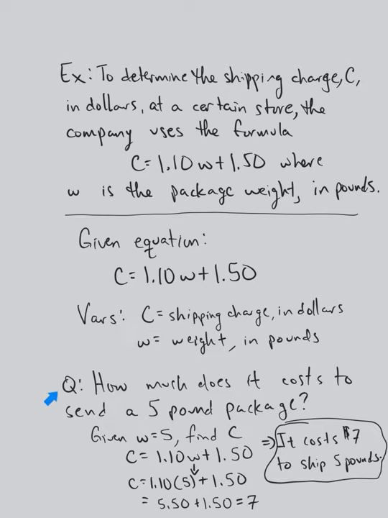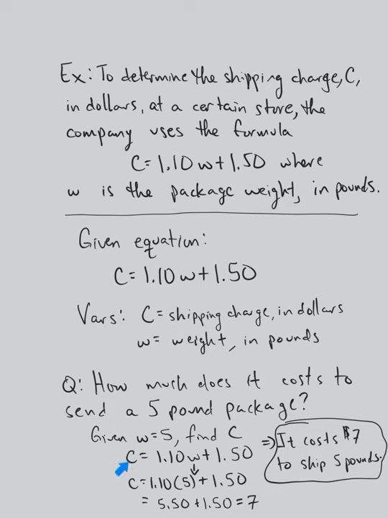Once you get to the point where you're asked a question about it, you're going to be given a number. Identify which of the variables that corresponds to, fill that in in the appropriate spot or spots, and then you find the other variable. Now I'm not going to go through this or write it out, but I could just as easily ask how many pounds can I ship for $5, where that 5 is actually a cost.